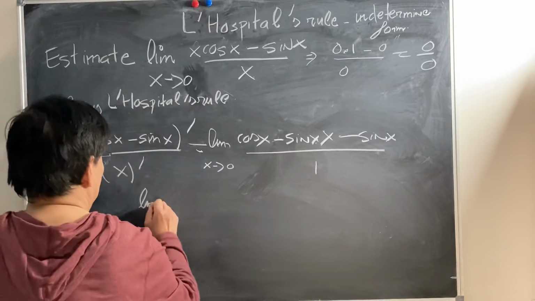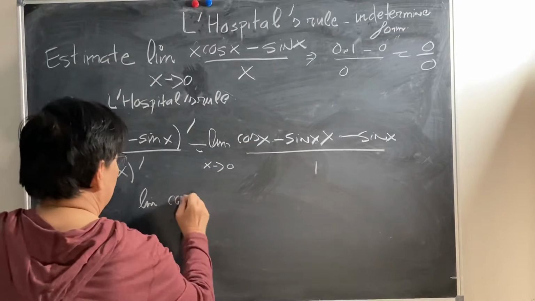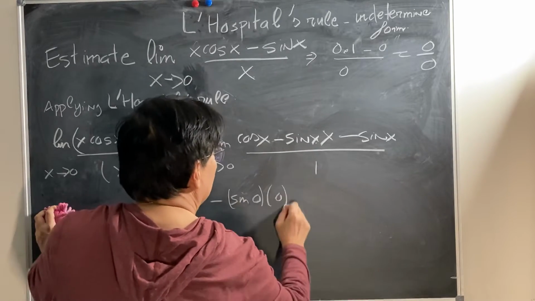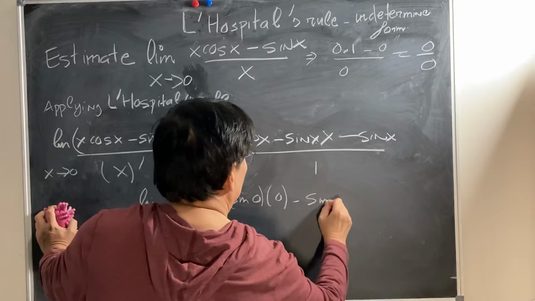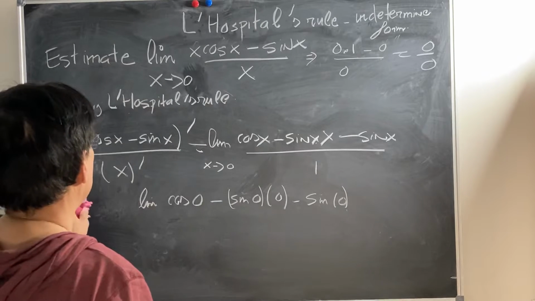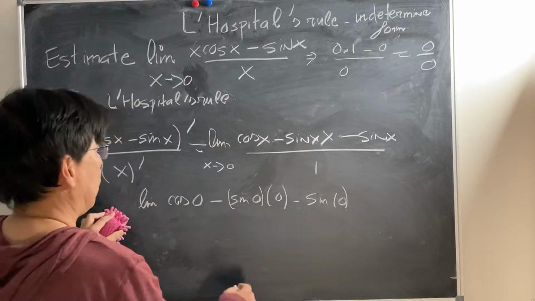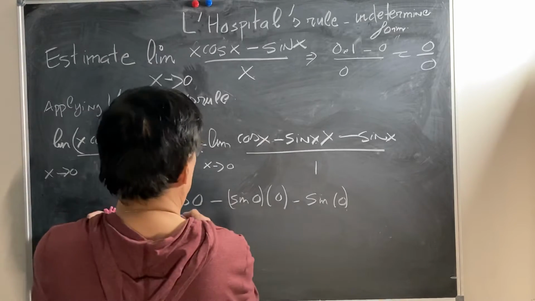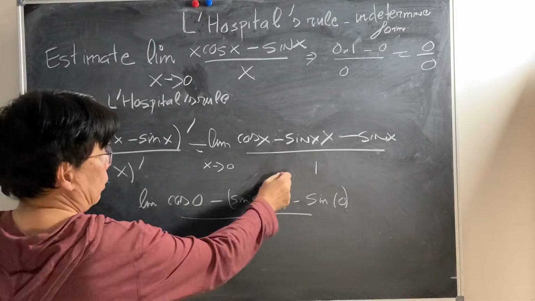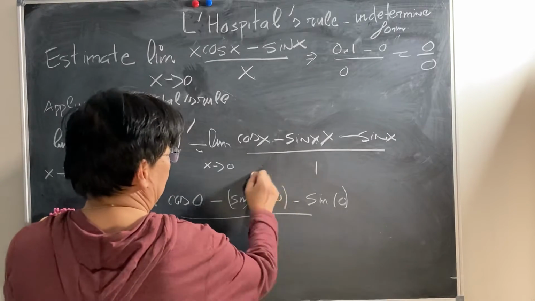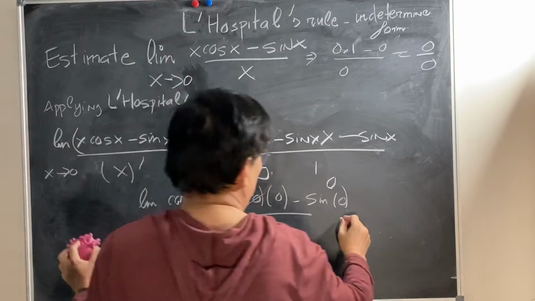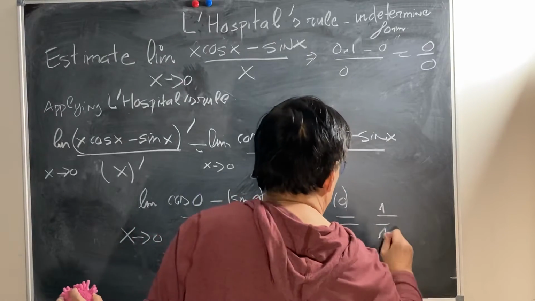Then you have the limit of cosine of 0 minus 0 times sine of 0 minus sine of 0, over 1, when x goes to 0. Sine 0 is 0, so this term equals 0 and this equals 0. And cosine 0 is 1. So 1 divided by 1 equals 1.